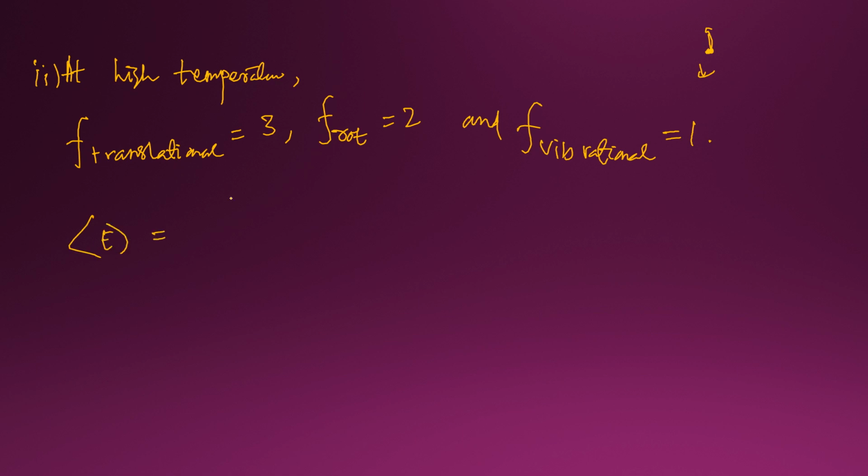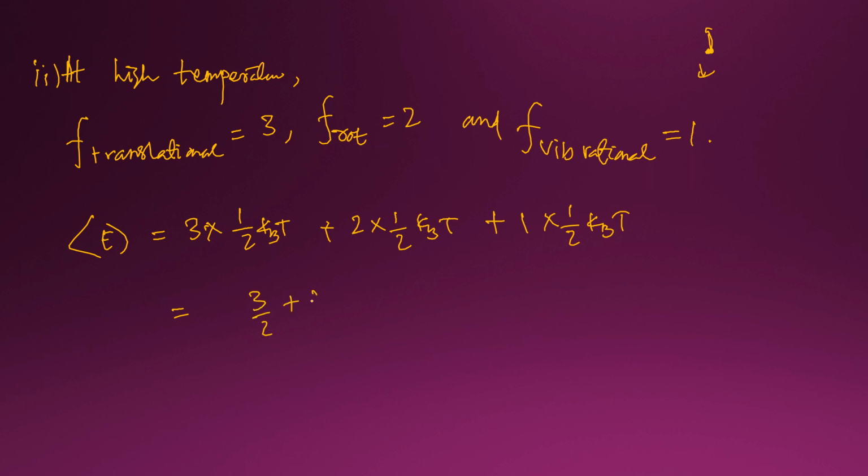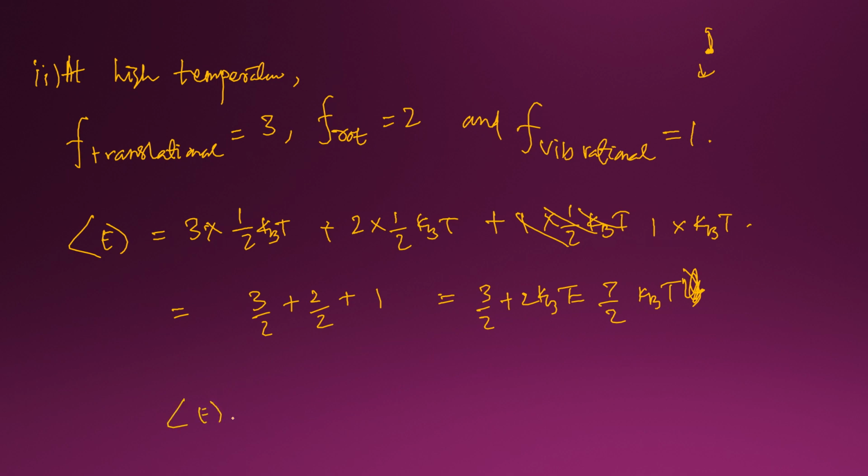So the average energy will be 3 into half kBT plus 2 into half kBT plus 1 into kBT. For vibration, it will be 1 into kBT. So 3 by 2 plus 2 by 2 plus 1, that is 7 by 2 kBT.